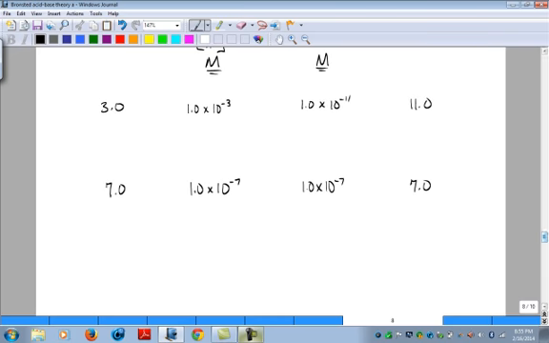All solutions below a pH of 7 are acidic, and all solutions above a pH of 7 are considered relatively basic. If we look at a pH of 6 in the acidic range, that's still a very small molarity or concentration of hydronium.